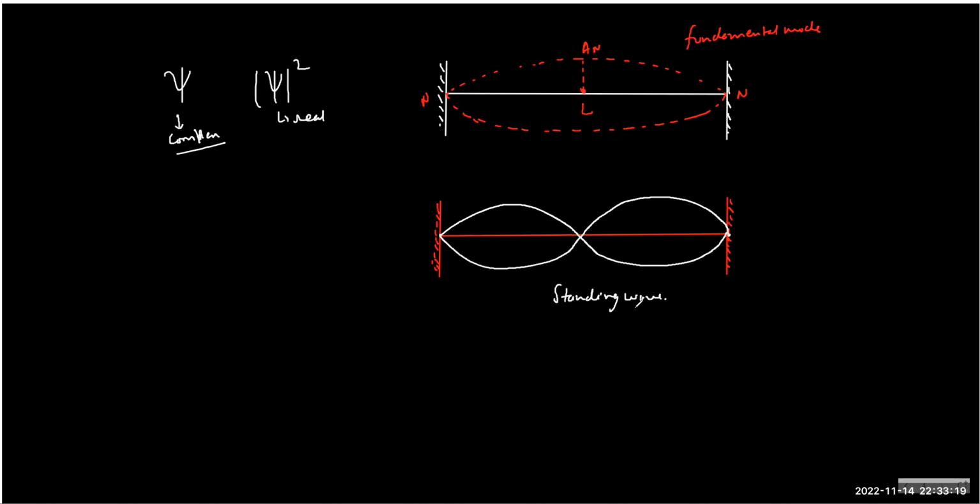So every vibrating string, okay. So a standing wave represents a finiteness of energy, and different modes of excitation give you different amounts of energy.